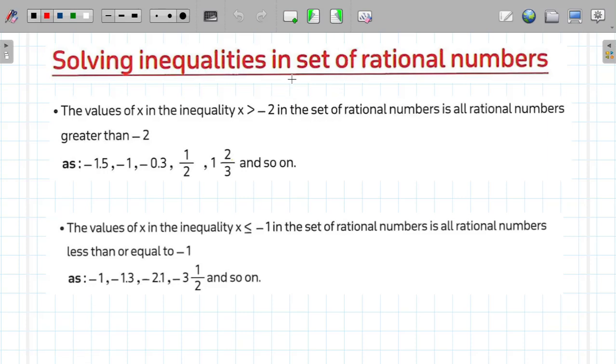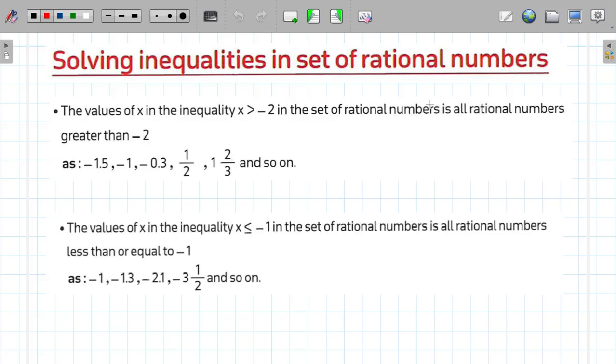So if I want to solve the inequalities in the set of rational numbers, here I cannot represent the solutions on the number line, okay? So I can say I will have possible solutions, but I cannot represent them on the number line.